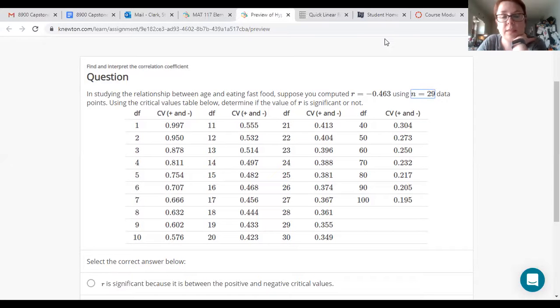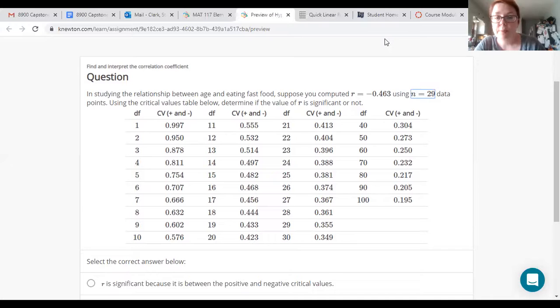And it's asking us whether R is significant or not. So to answer it is kind of the same. So if we think about 0.463, then is 0.463 bigger than 0.367? Yes, it is.